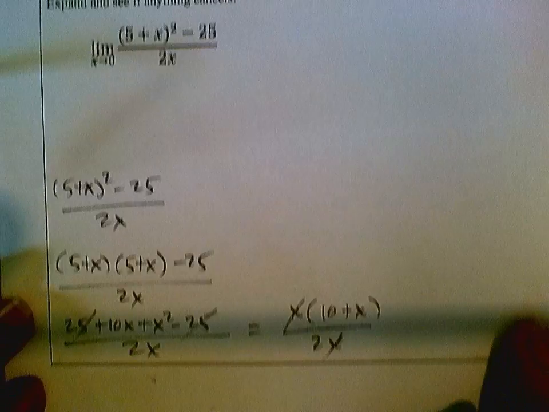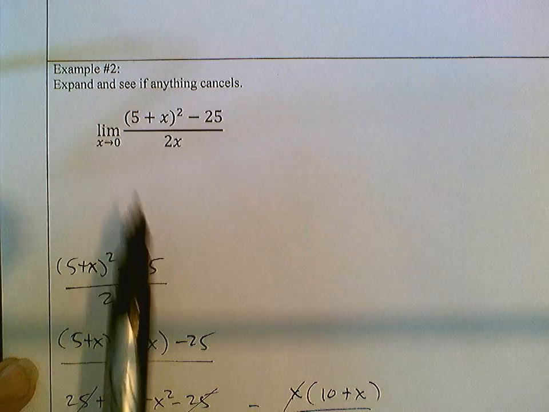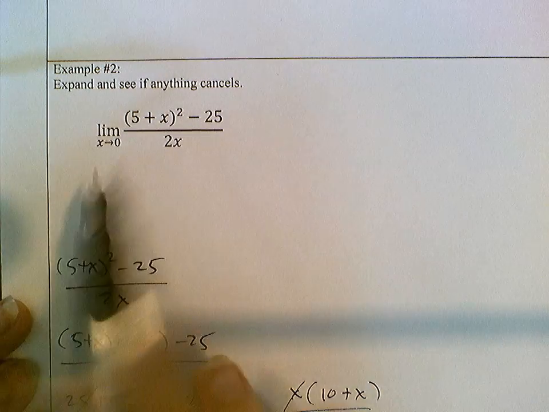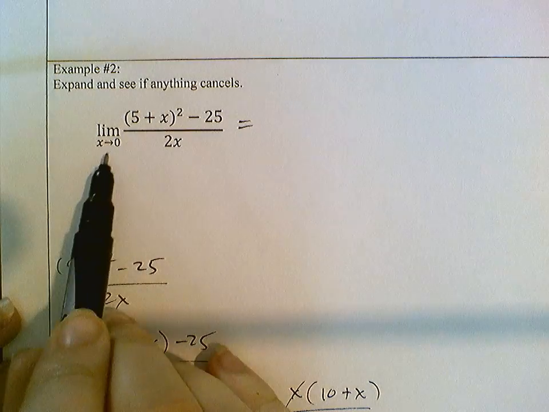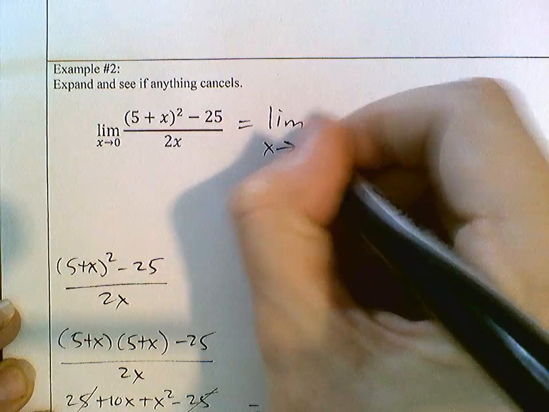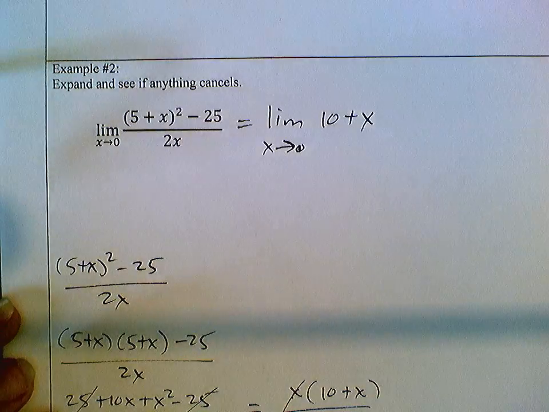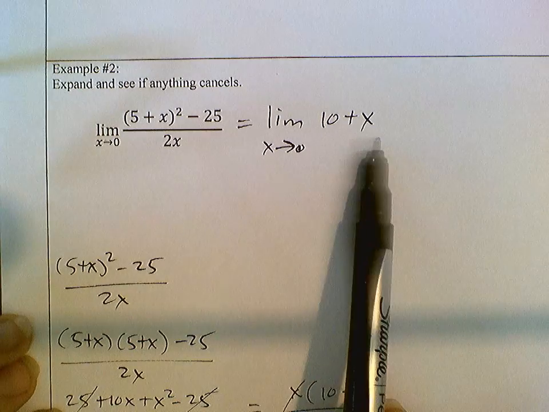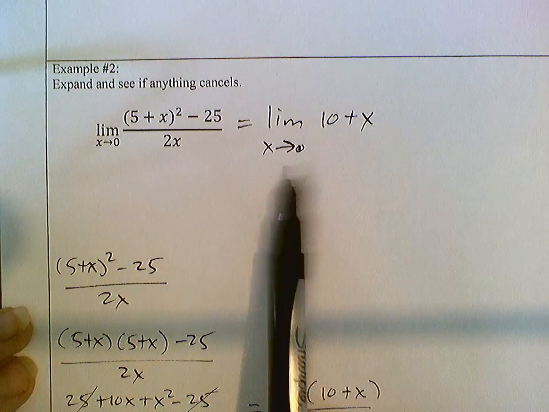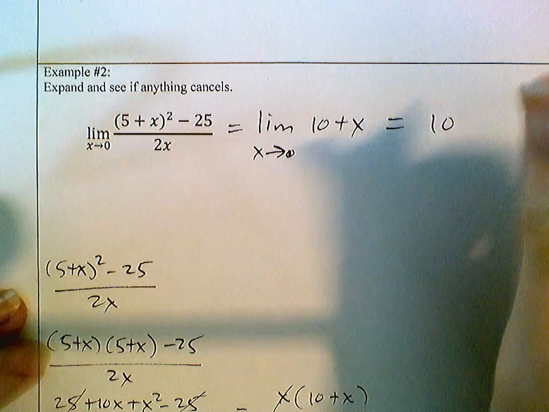All right, so now I can go back up here. I already have all this shown for my reader, so they're not going to be confused when I jump from the limit as x approaches 0 of this to the limit as x approaches 0 of 10 plus x over 2. Now this is a function I can direct substitute into because I won't end up with 0 in the denominator. So this is just 10.